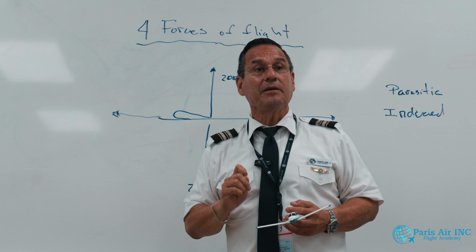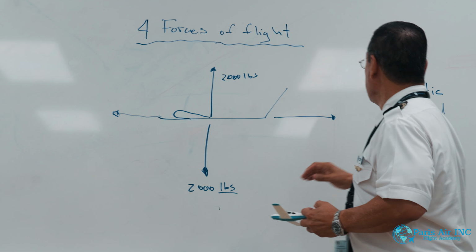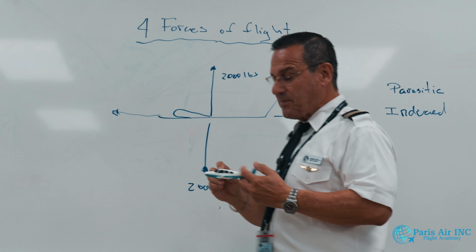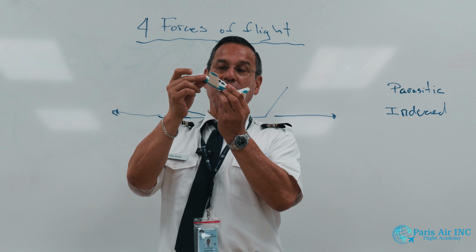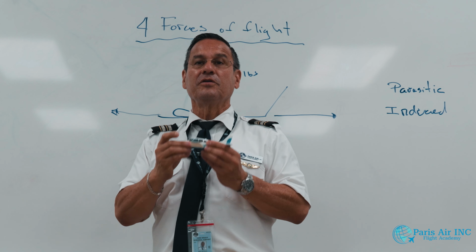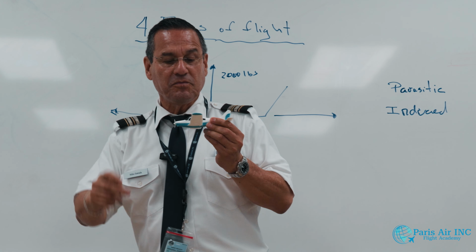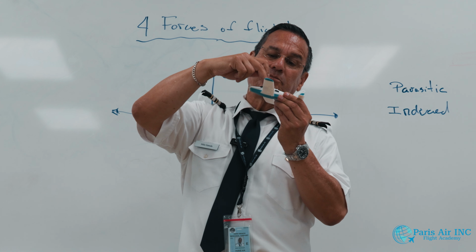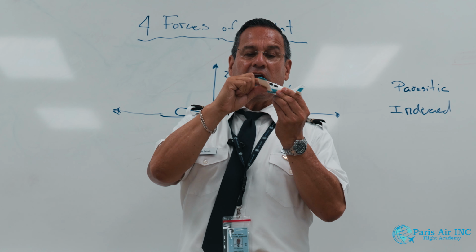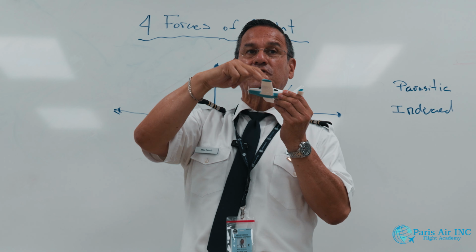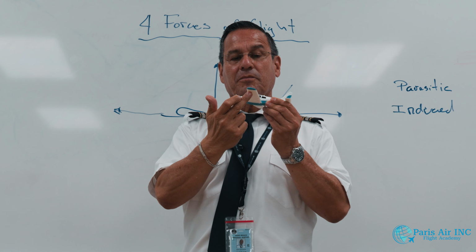But we have one other type of drag that we want to understand, and that is induced drag. And induced drag happens anytime that I'm producing lift, I'm also producing induced drag. And the reason that happens is because when we are producing lift, the shape of this wing causes us to have lower pressure on top, higher pressure on the bottom.